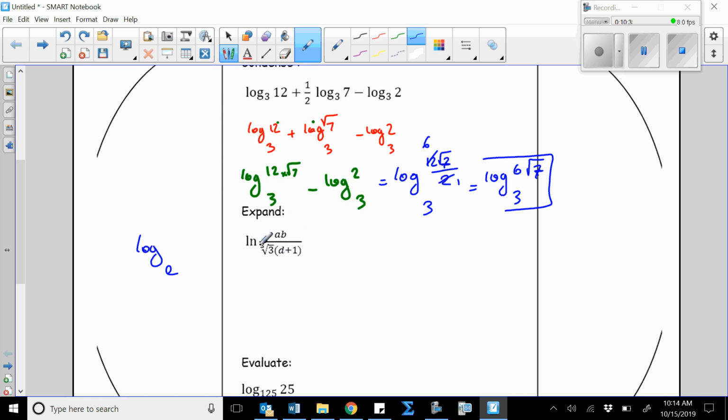We have a quotient, something divided by something. So we're going to address this first. If you have a quotient between two terms, you can change it to subtraction between the arguments. So natural log of AB minus natural log of cube root of 3 times d plus 1.